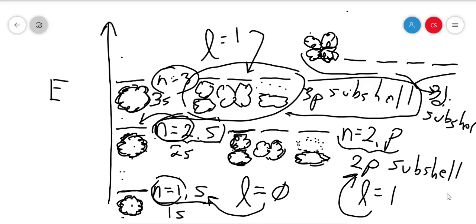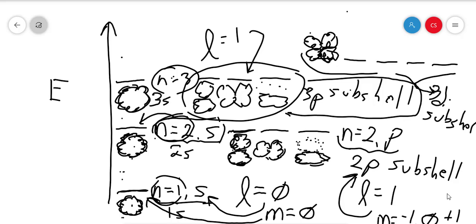So for n equals 1, the s orbital has L equals 0, and the magnetic quantum number m is equal also to 0 for that energy level. But when L equals 1, m has 3 different values. It can be -1, it can be 0, and it can be +1. So it has 3 different possible values.